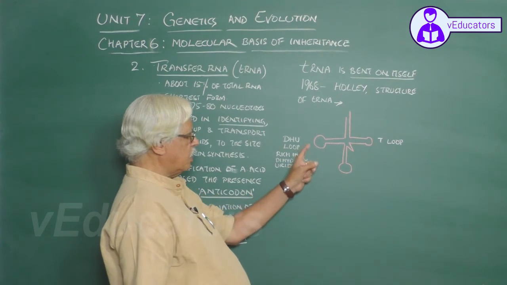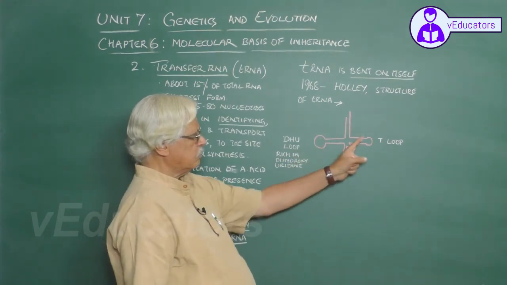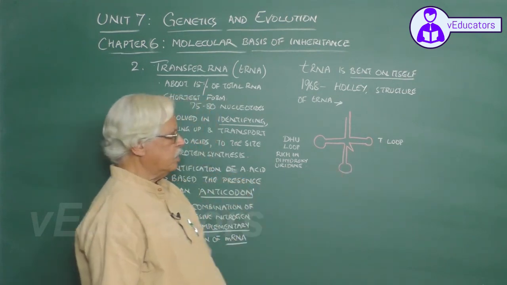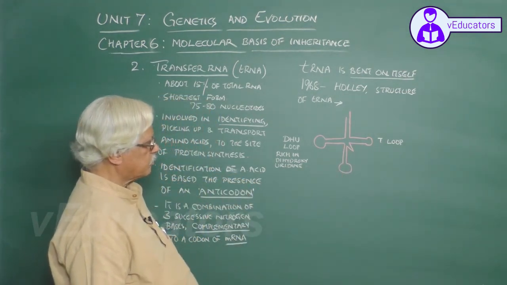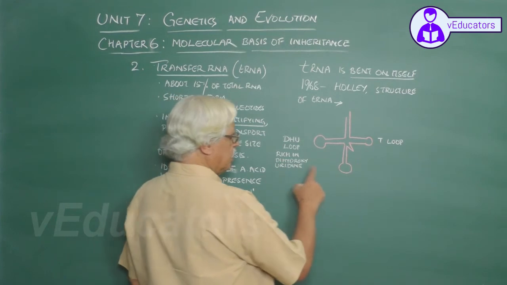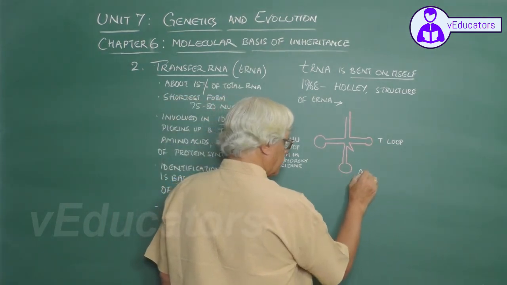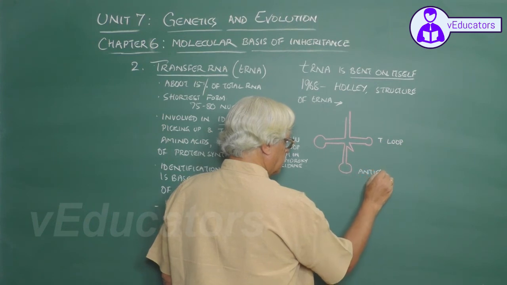If there are about 12 unpaired nitrogen bases here, there are about 7 unpaired nitrogen bases in the T loop. Between the DHU loop and the T loop is the anticodon loop.